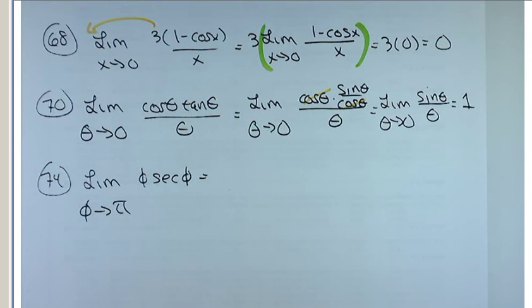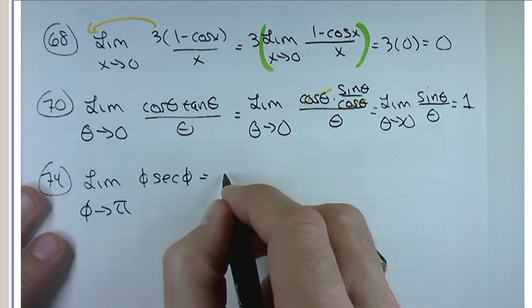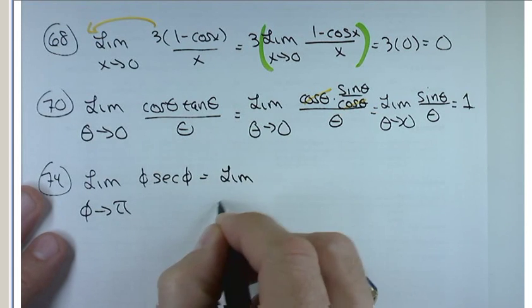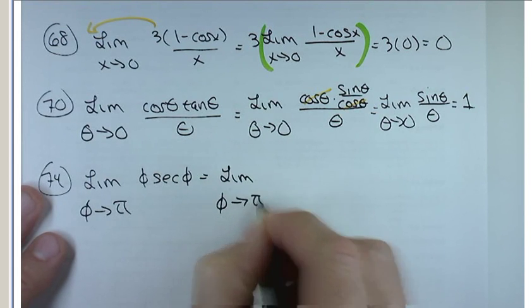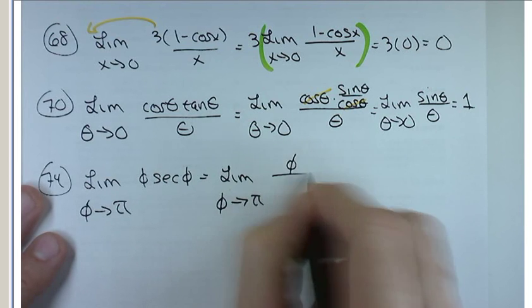All right, secant of phi is 1 over cosine. So this is the limit as phi approaches pi of phi over cosine of phi.